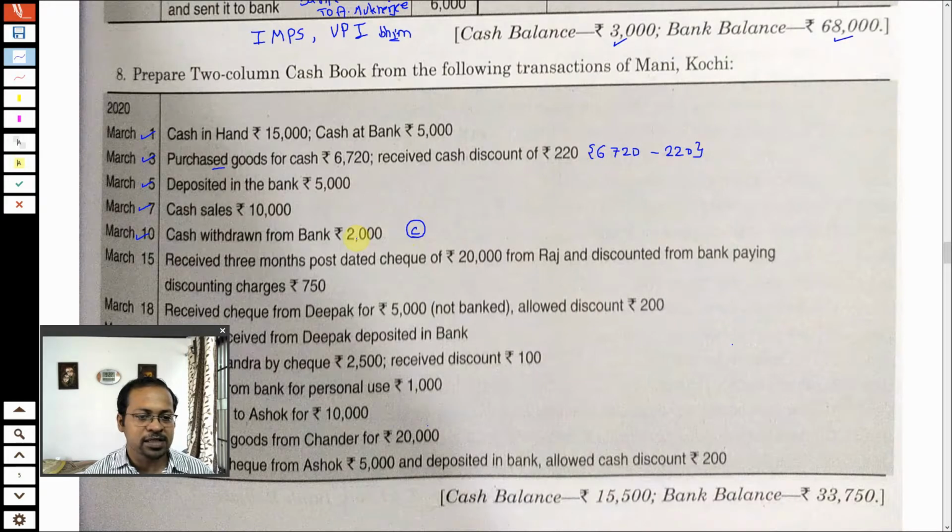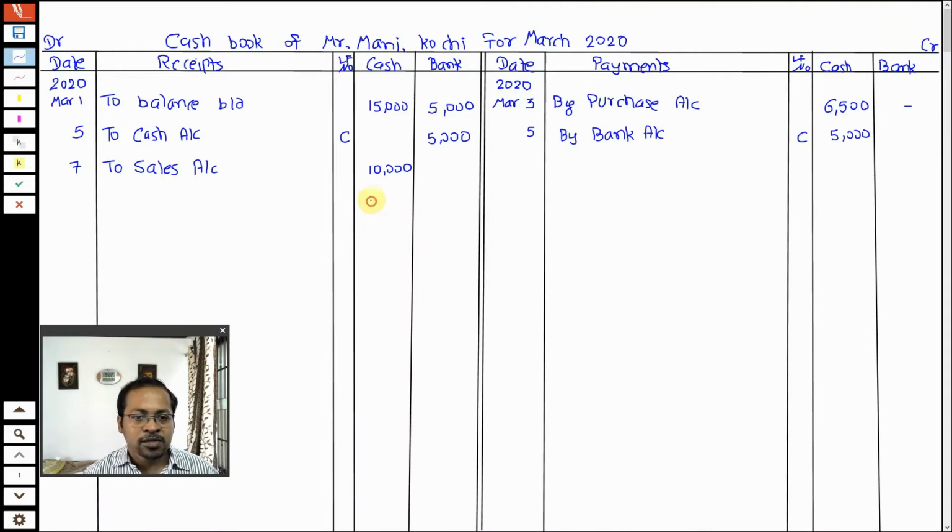So cash debit and bank credit, March 10, 2000. Cash debit, so I will write to bank account, and bank credit, so I will write by cash account.